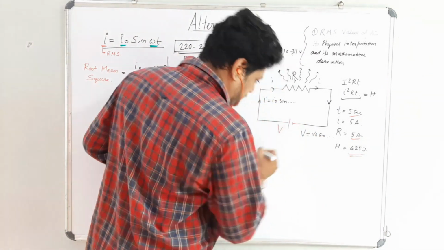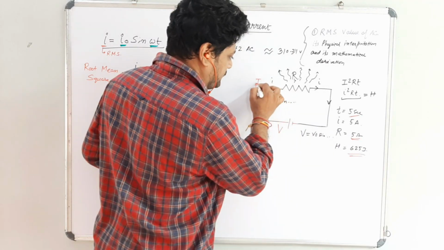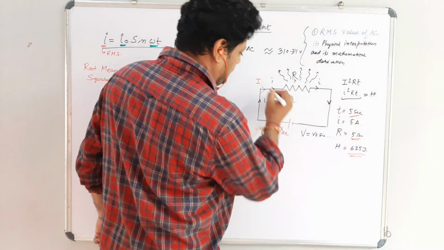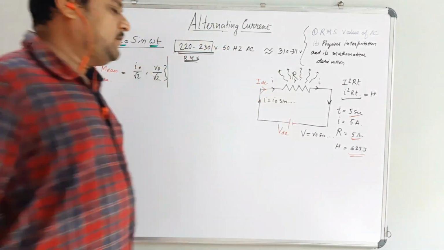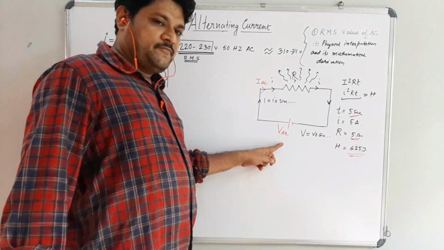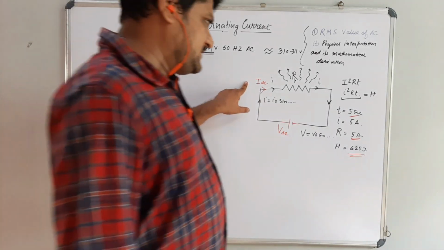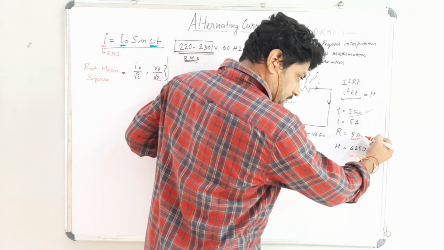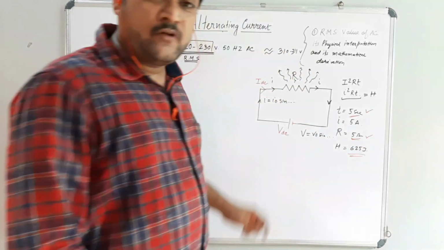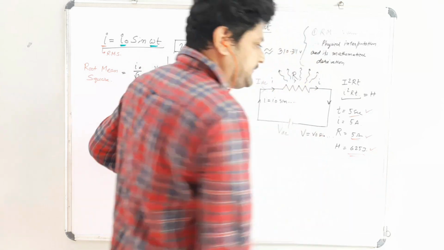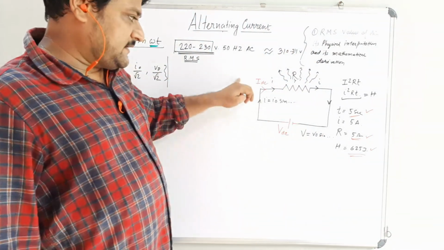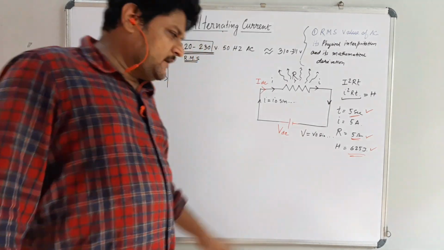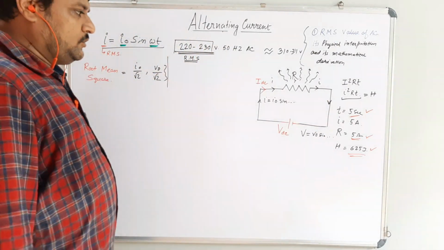So the DC voltage is V and the current flowing through it is capital I, V DC and I DC. When you apply V DC, due to that I DC is flowing for 5 seconds, and if R is 5 ohm and you have to produce 625 joule of heat, then there is some change in the V DC compared to the V AC.